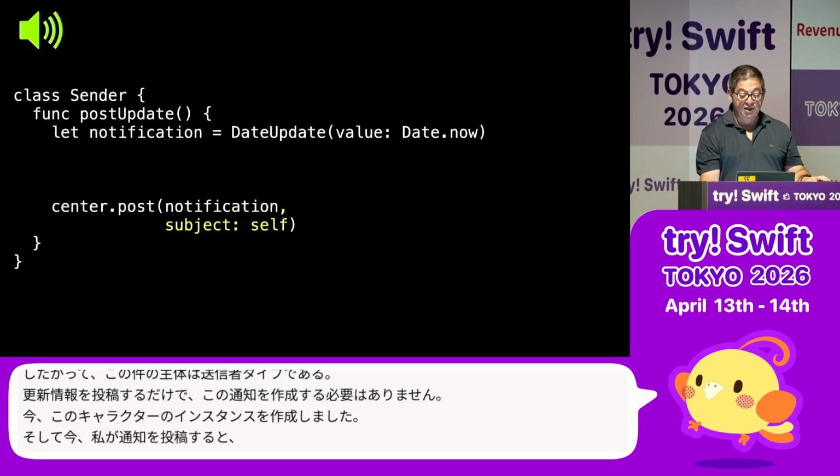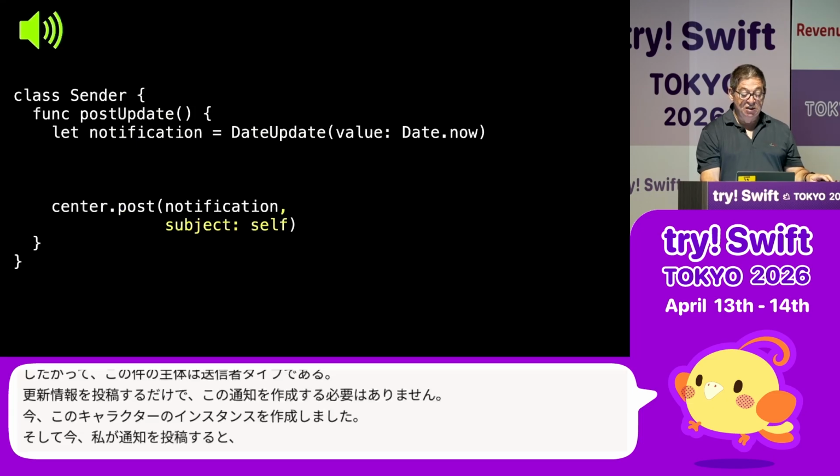And now we can go back to the receiver. And when we start listening, we have this API, which is just delightful. It's listen for messages of this type. And it turns out these messages are an async sequence. And they're an async sequence of this date update, this thing that we're sending across.